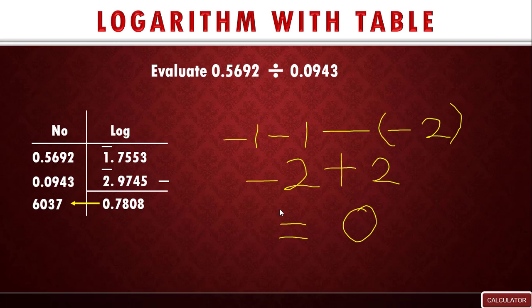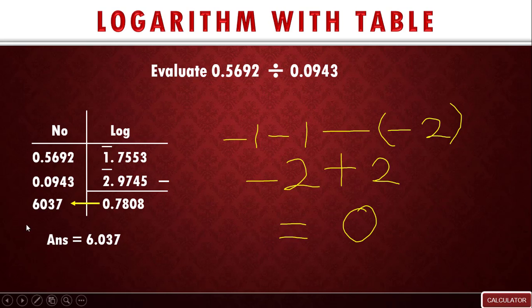So if you're using your 4-figure table, you have this, but with your calculator you get the answer directly. So we have 6.037 as our final answer.